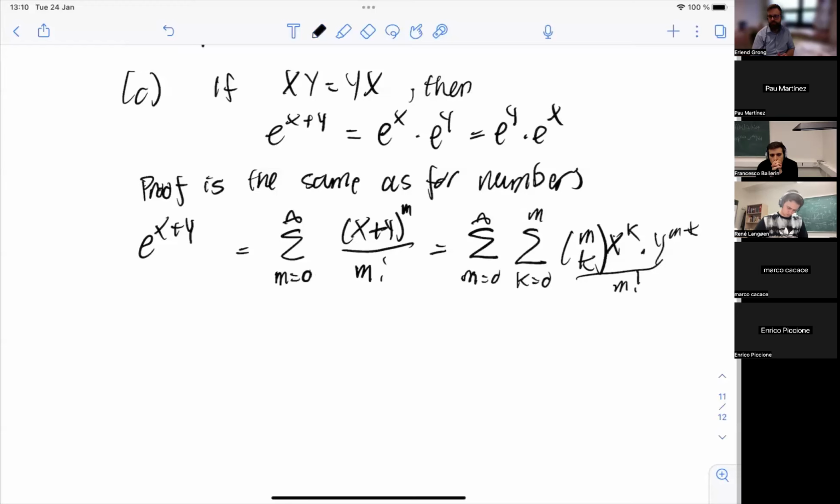That's just the binomial formula for this expansion right here.